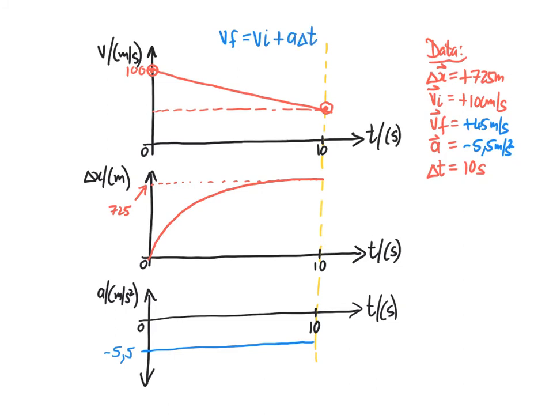Now, if we view V final as the velocity at a certain time point, and now I'm going to refer to functions in mathematics, if we view the velocity as a function of time, which it indeed is, then it is equal to a constant V initial, which is in actual fact this value here, which is the intercept of the vertical axis, which in mathematics we would refer to as c.